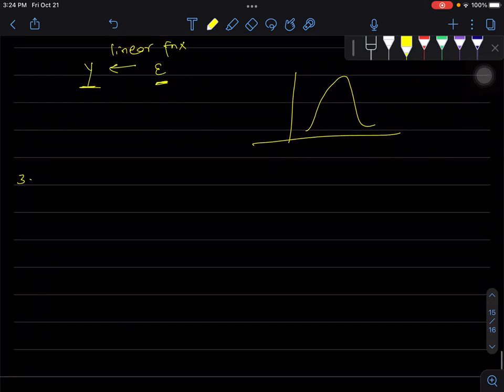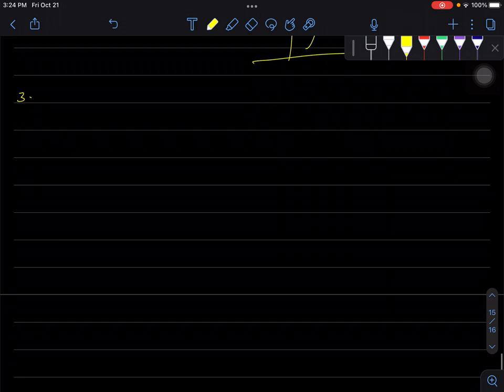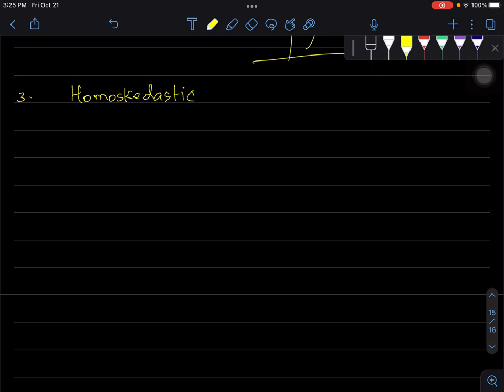The third one is homoscedasticity. What homoscedastic means is that the residuals have a constant variance, or we can say that the distribution of epsilon i has constant variance across i.